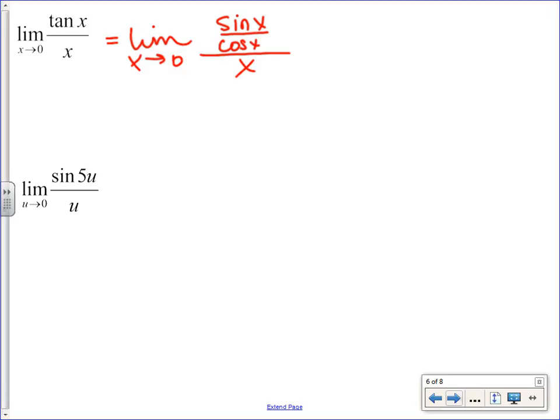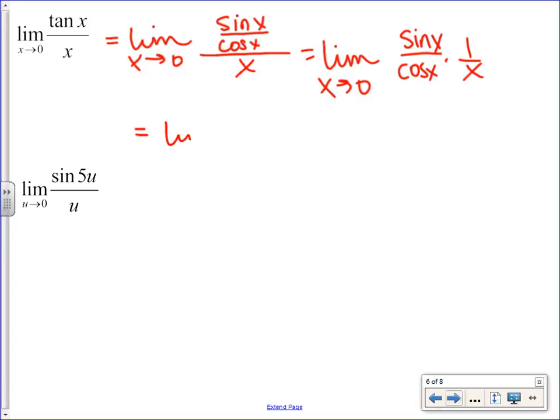Now, let's rearrange this. The limit as x approaches 0, we're multiplying by the reciprocal, right? So you have the sine of x over cosine of x, times 1 over x. Now let me rearrange this again.